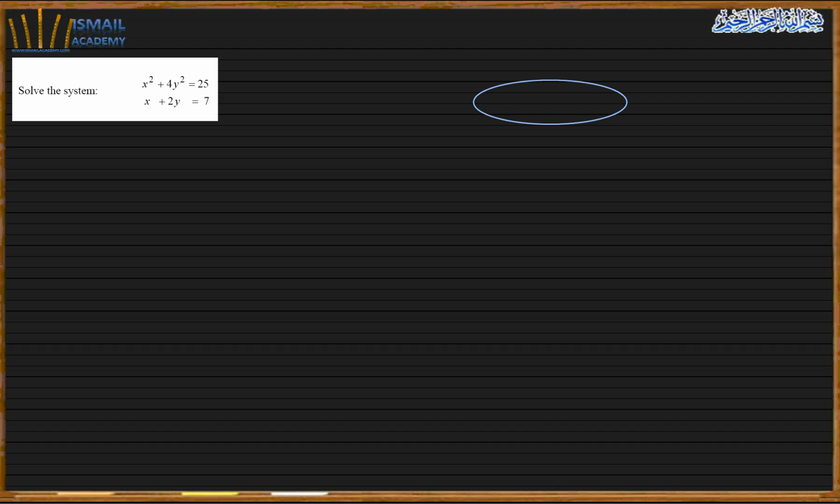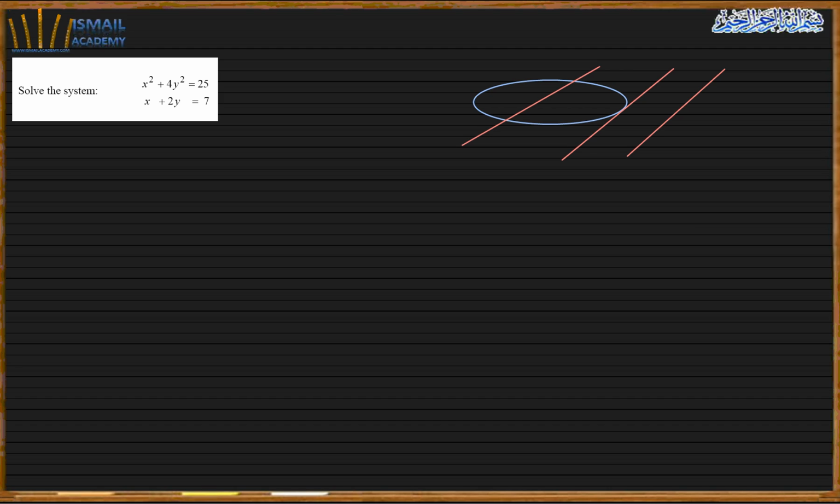It can cross, that means I will have two solutions, or it can be tangent, I have one solution, or it can be far away, there's no solution. So it can be one of those three cases. When they give you an ellipse and a line in a system of equations, they may intersect, they may not, and one of them may be tangent to the other.